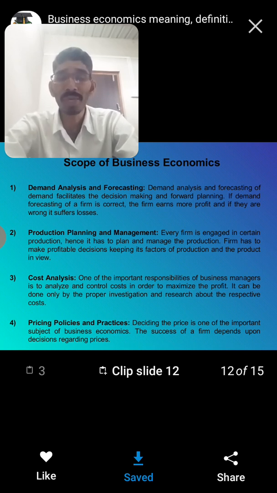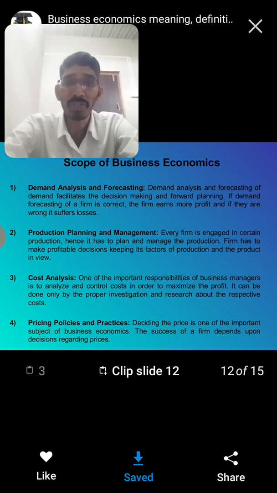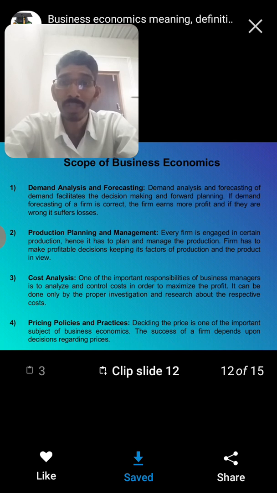So in order to maximize the profit, he has to always control the cost of production. That requires proper investigation and research into the respective costs, and a search for cost minimization. That is one of the very important parts of the scope of business economics.